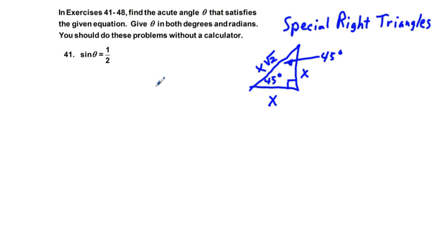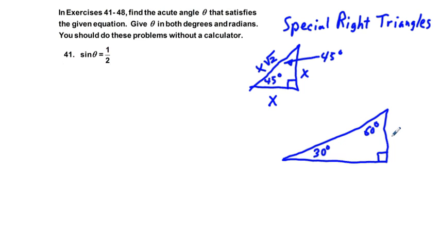And the problem we're going to be working with here, problem 41, is going to be a different type of special right triangle, where you have what we call a 30-60-90 right triangle. So we have 30 degrees here in the lower left, and the upper right is going to be 60 degrees.